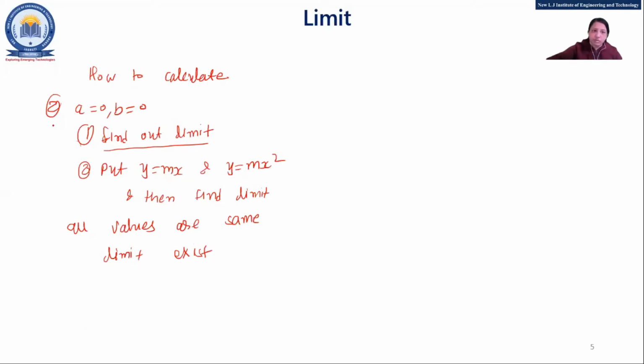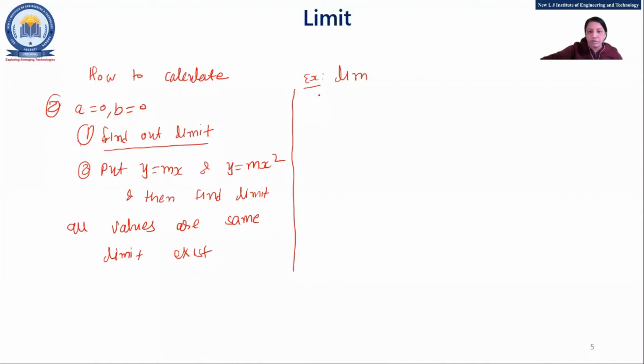Fine. So if a and b are 0, 0, your calculation will be a bit more. You first go for the first concept, then for the second, y equal to mx and y equal to mx square. Let's take an example for the second case, and then we'll move to an example combining these.